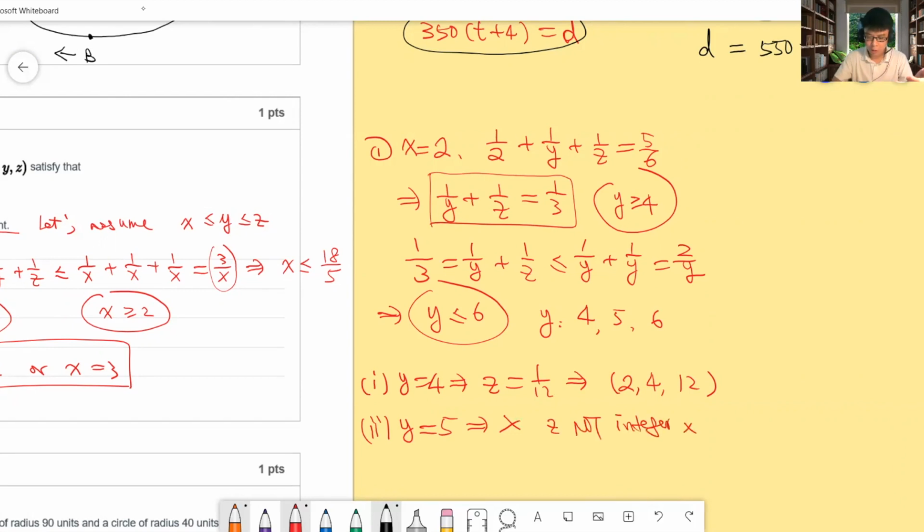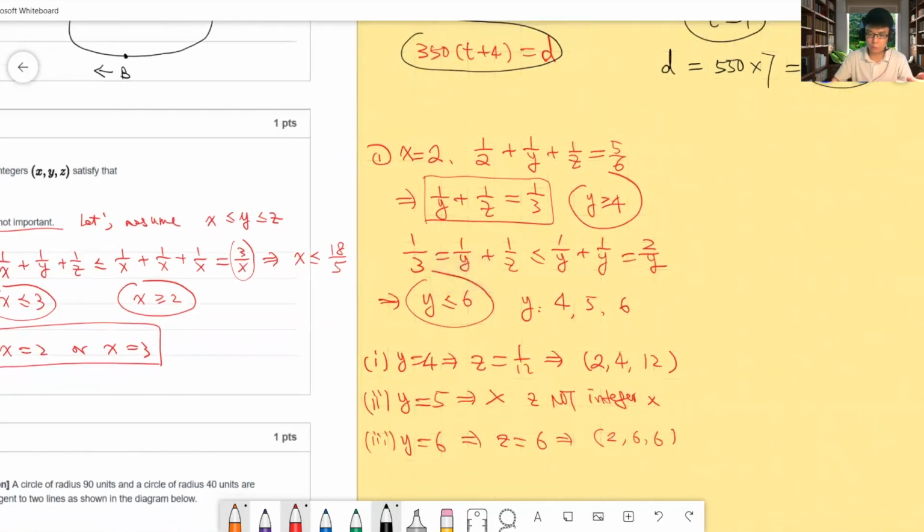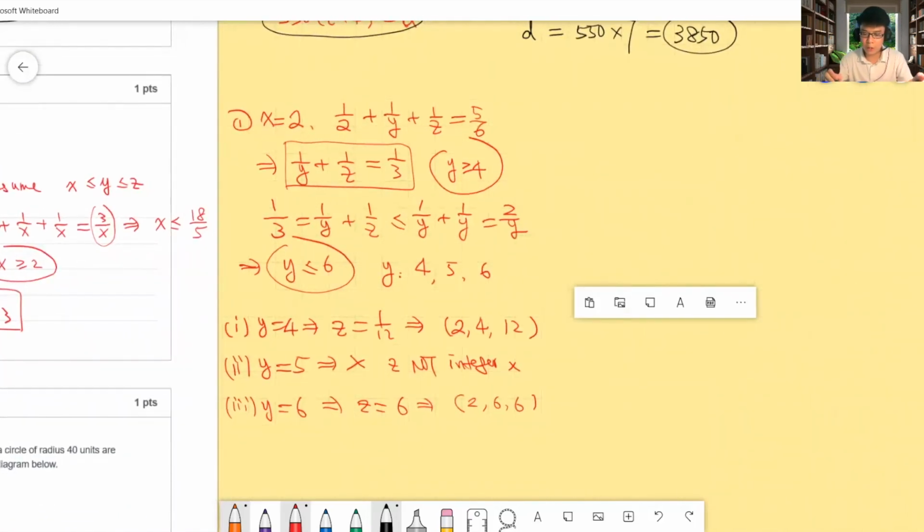So this doesn't work. And the third case, if y equals 6, if you plug in, you will see that z also equals 6. So 1 over 6 plus 1 over 6, that's 1 over 3. So 2, 6, 6 is also a solution. So these are our cases for x equals 2.